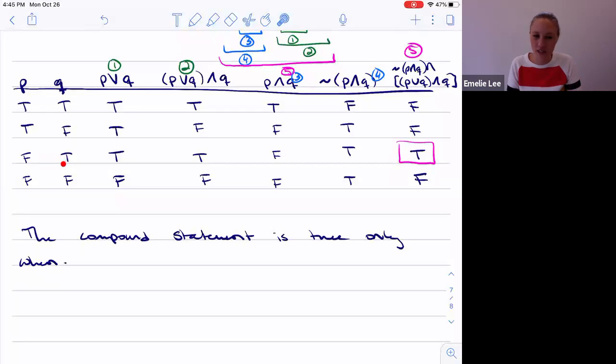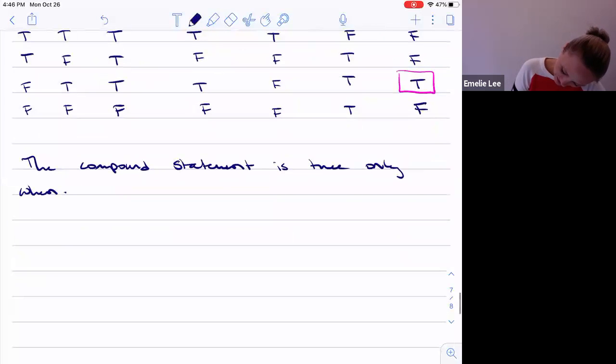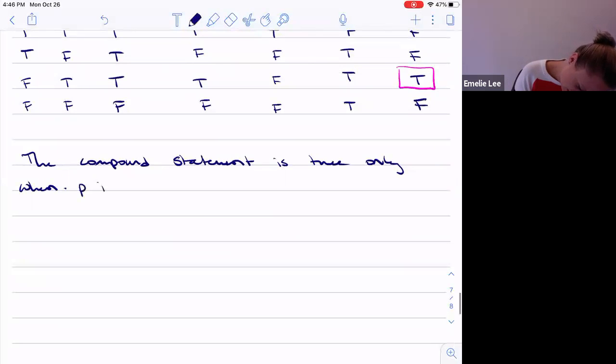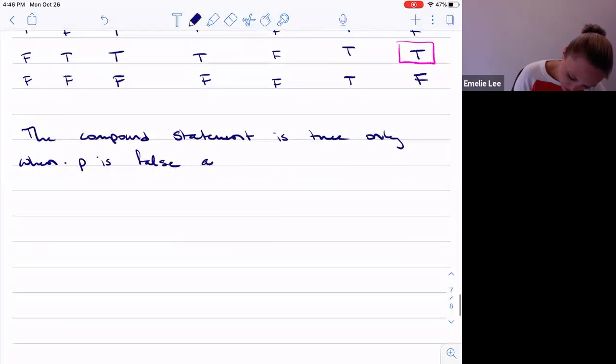And this nasty thing is only true if Alfie did not come by, but he picked up his money. That's when the statement is true. So when P is false and Q is true.